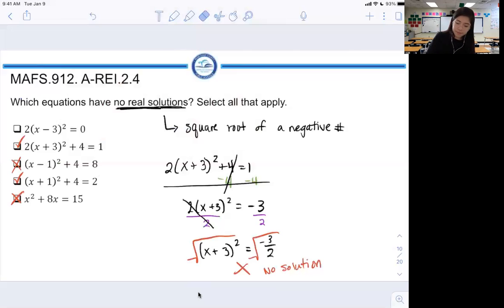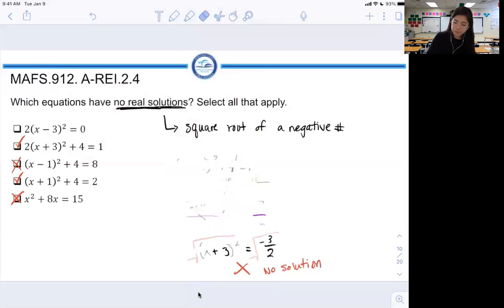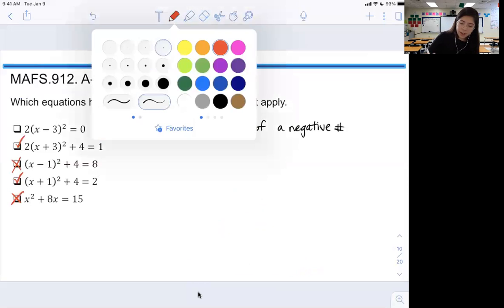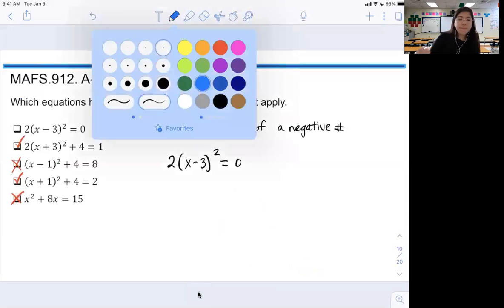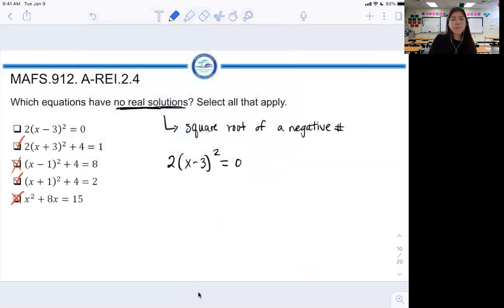Answer choice A. What should I do first to get x all alone? Divide by 2.